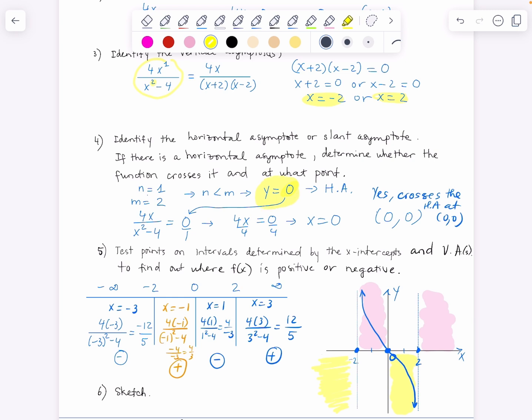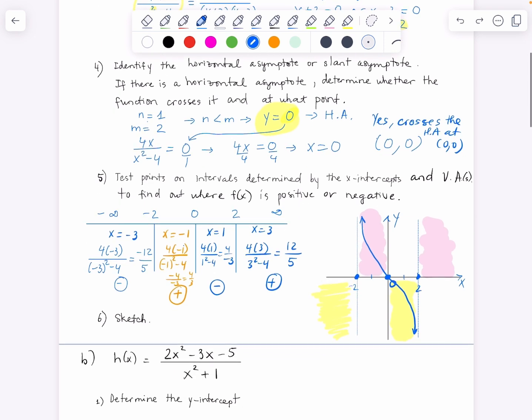It is y is equal to 0, which is the x-axis. And we already determined it will only cross at the point 0, 0, which we already did here. So it cannot cross through here at all. So therefore, the graph will look like this.